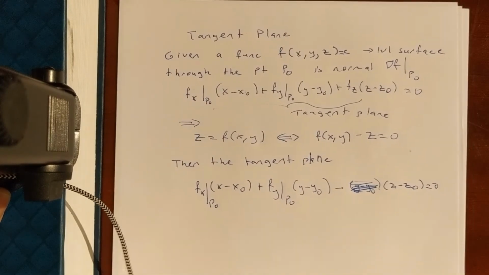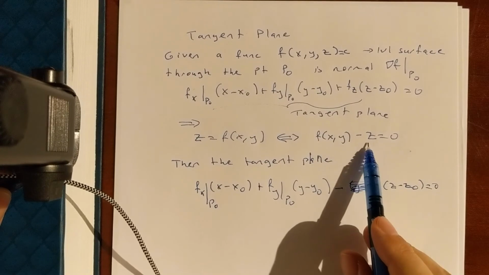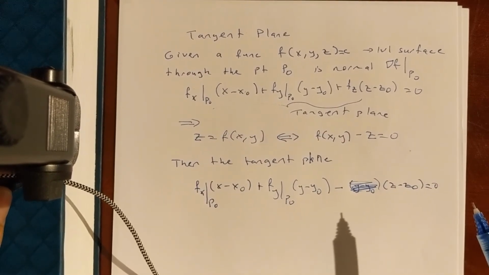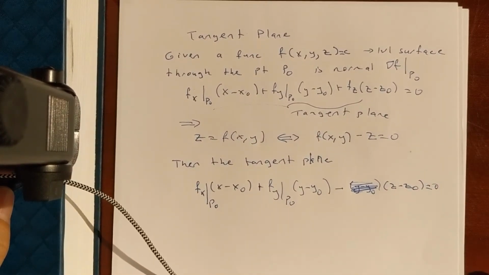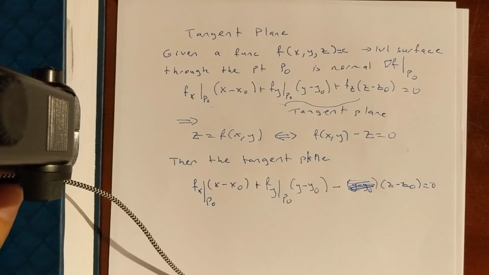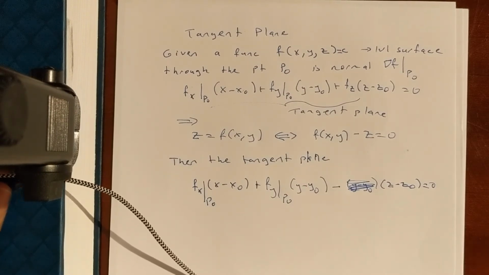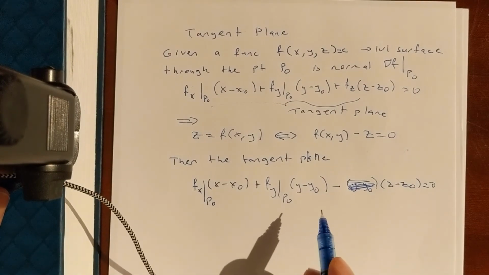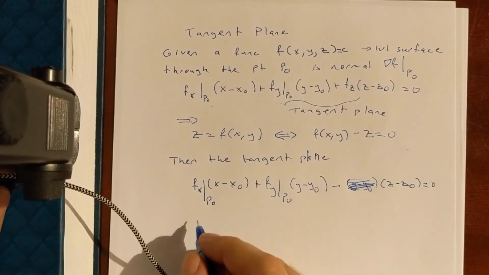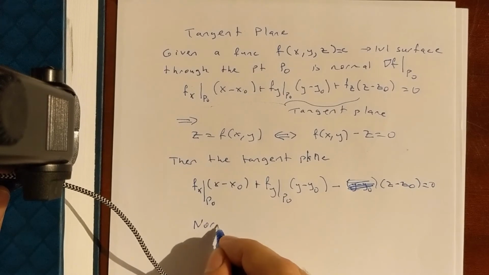Because we know what it is, the derivative with respect to z is just minus 1. So that will give us the tangent plane.